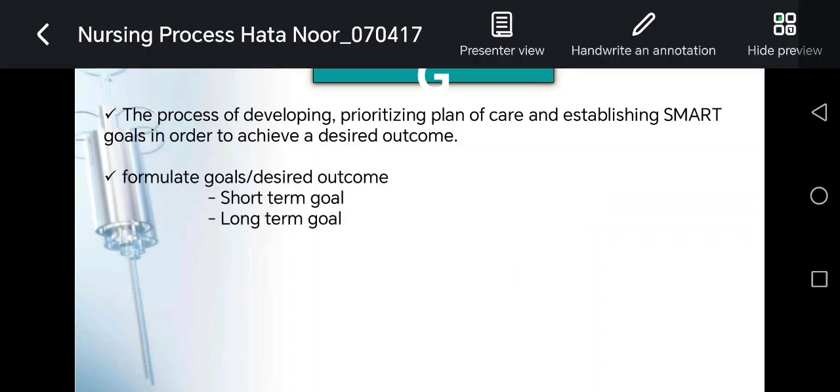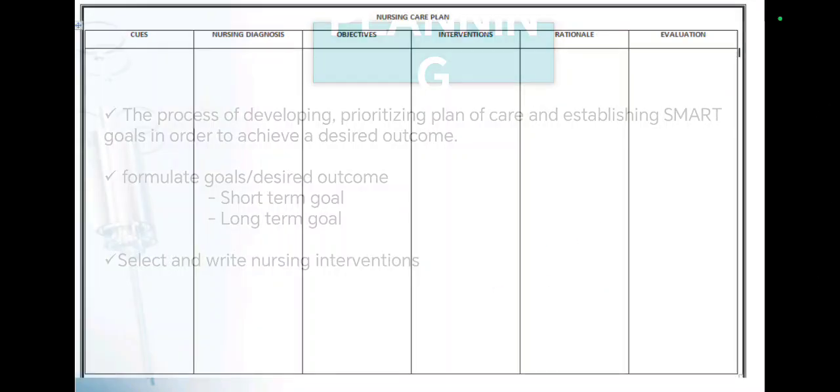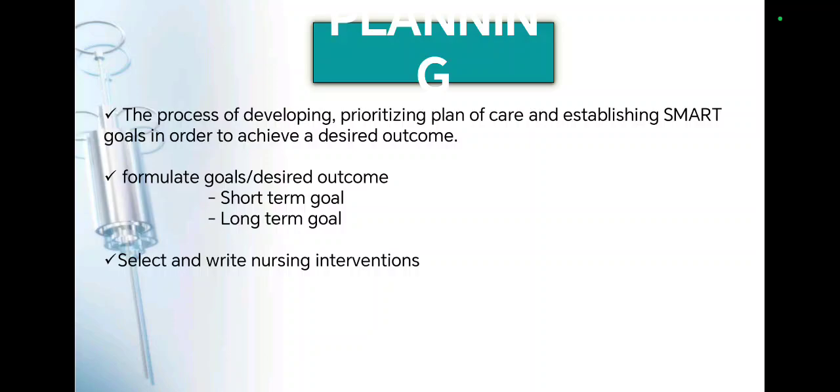Now, the planning phase is the process of developing and prioritizing the plan of care, establishing SMART goals in order to achieve a desired outcome. So this mnemonic SMART stands for S for specific. Okay, so you should have a specific goal. M, measurable. So you can measure.